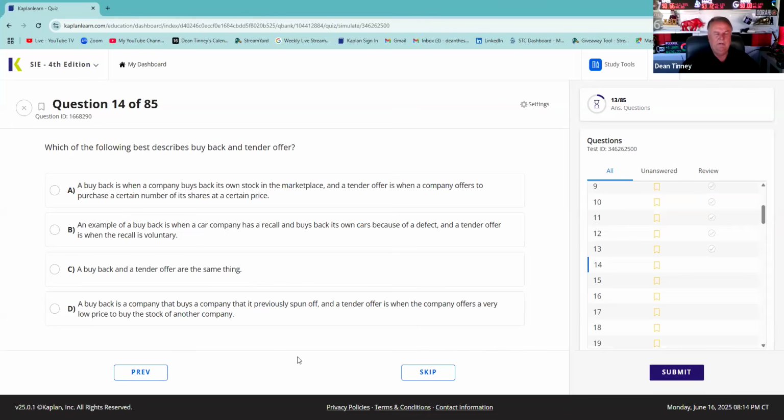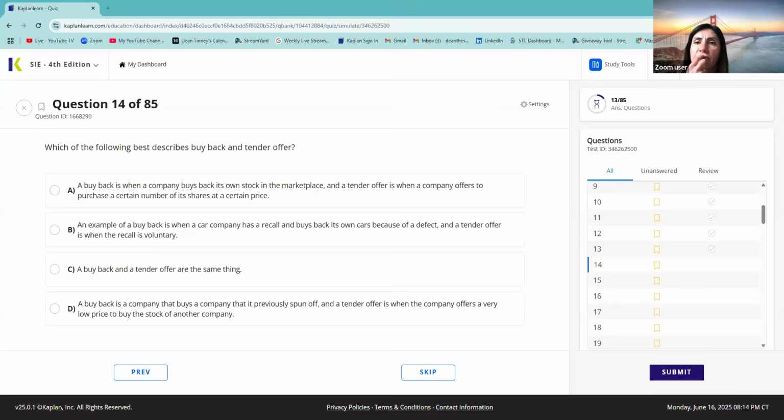Which of the following best describes buyback and tender offer? So the buyback and tender offer.